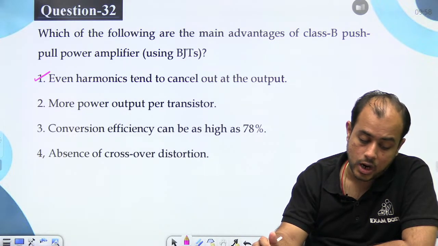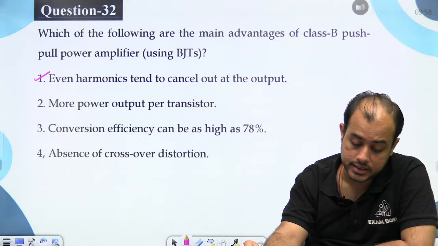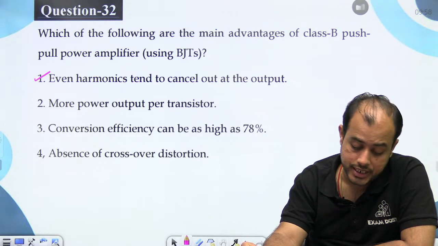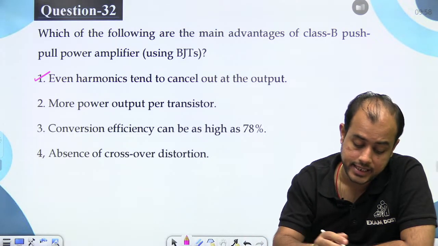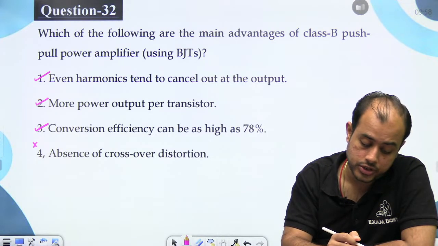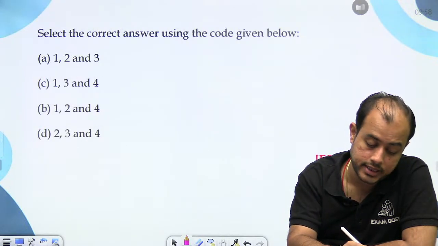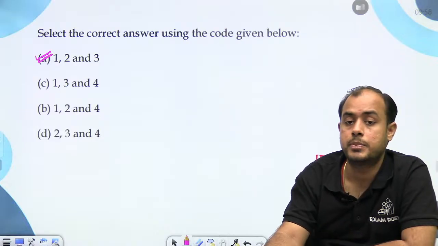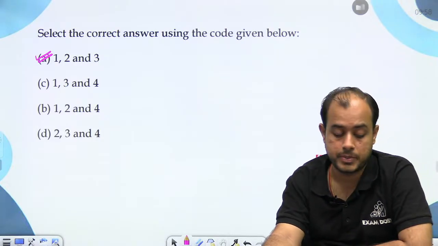More power output per transistor, conversion efficiency as high as 78%, absence of crossover distortion. नहीं, crossover distortion तो आता है. So answer should be A.